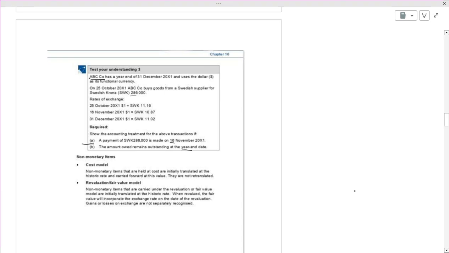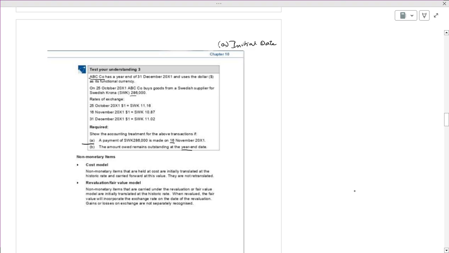Now, first we have to calculate the initial date amount, point A. They are saying $1 equals 11.16 KR.